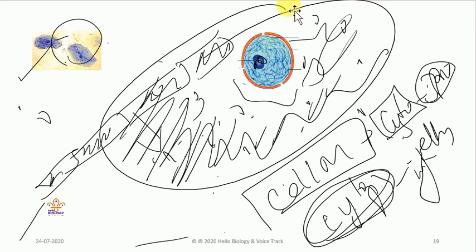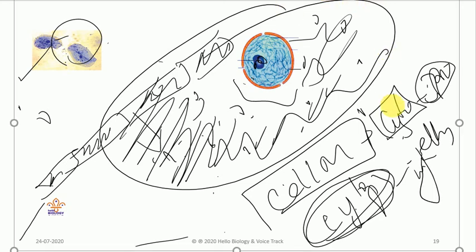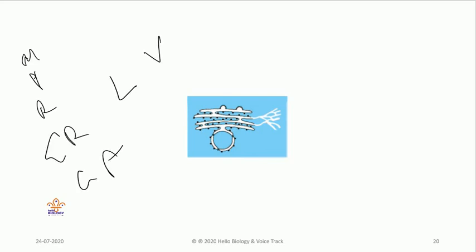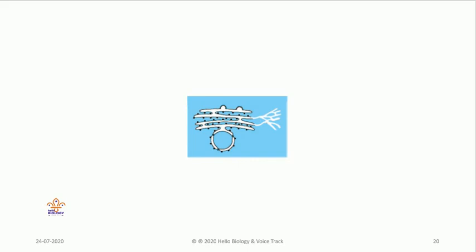And next, the endoplasmic reticulum is there for us. Different parts will be there, like mitochondria, plastids, ribosomes, endoplasmic reticulum, Golgi apparatus, lysosomes, and vacuoles, in our 9th class biology. First is the endoplasmic reticulum.